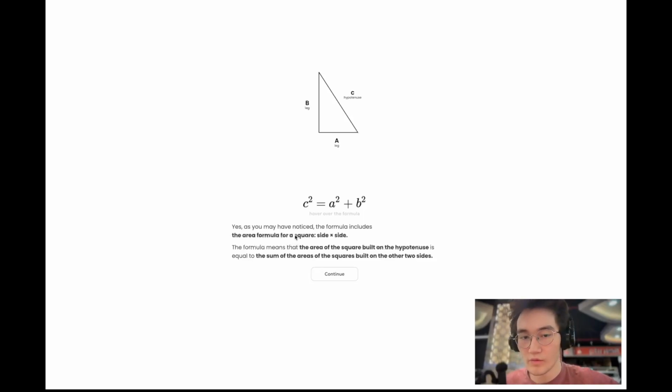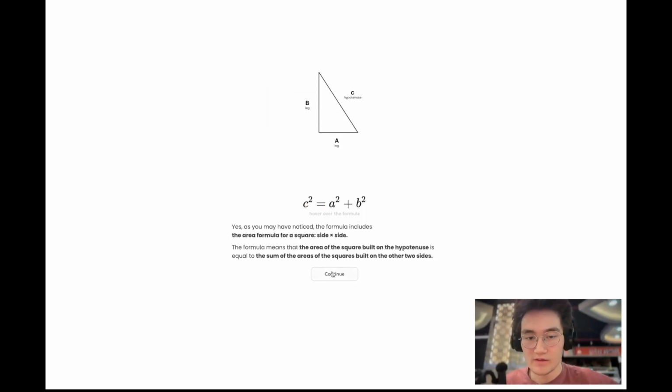Okay, so this is, as I understand, the area of the square built on the hypotenuse. This is another square, and this is another. So we have these two squares, and the sum of their areas is equal to the area of this square.